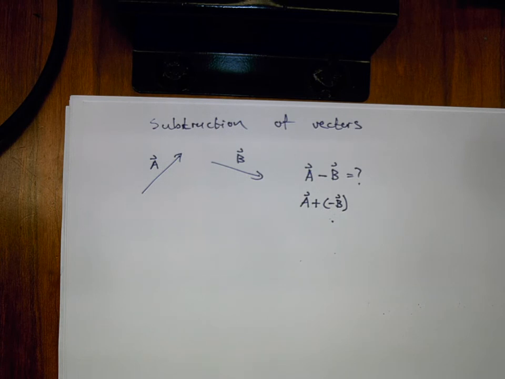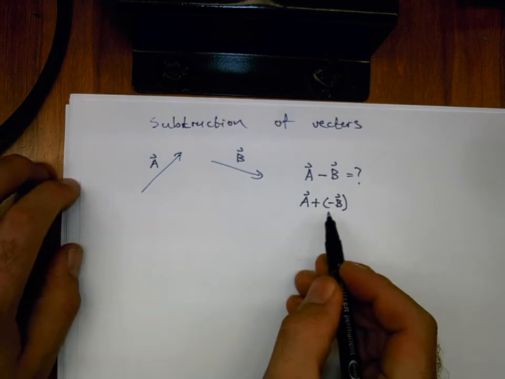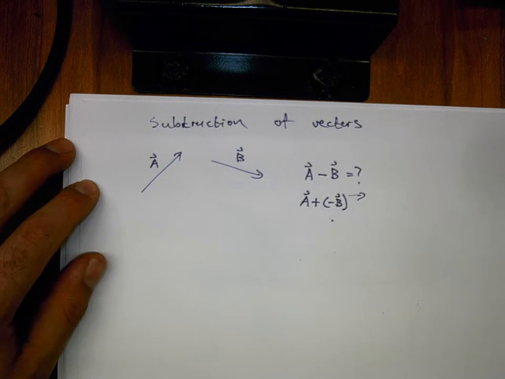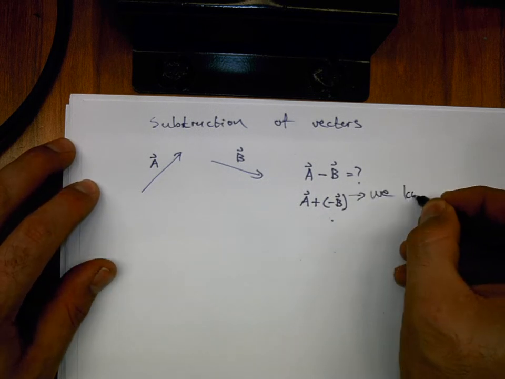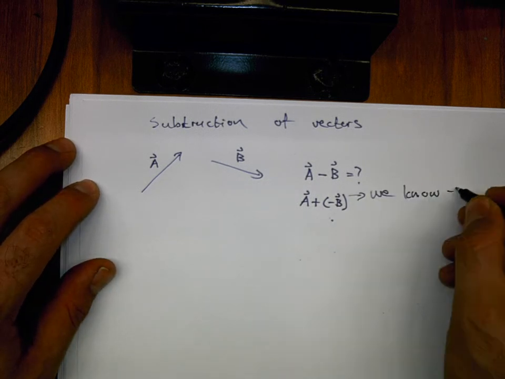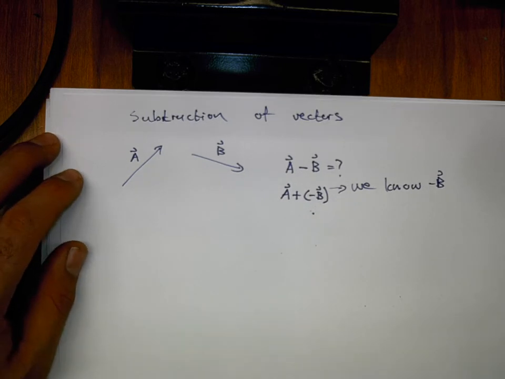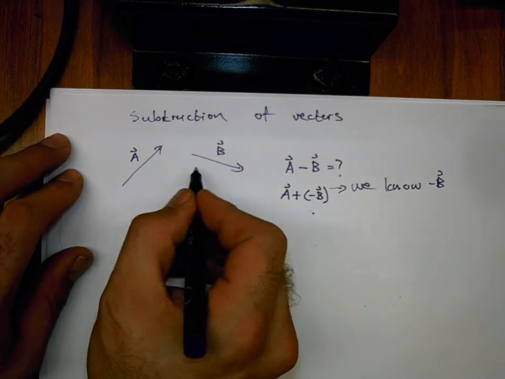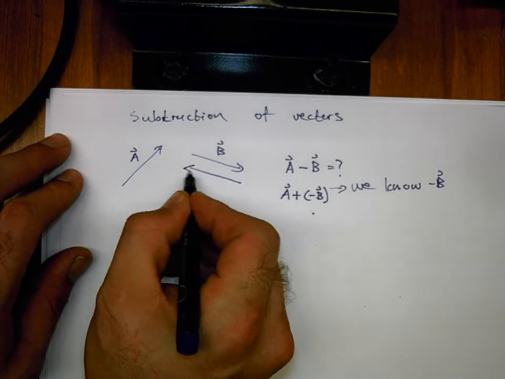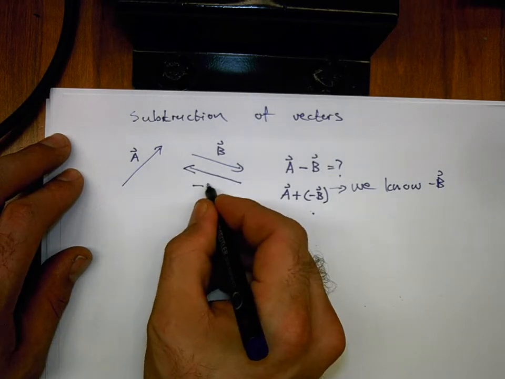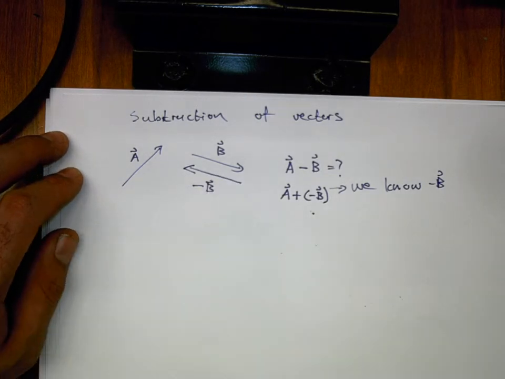So that's exactly the same thing I'm doing here. We know how to do this. So we know actually what negative B is going to be. No pun intended there. That was accidental. So we can change that around and we know, well, then we got negative B.